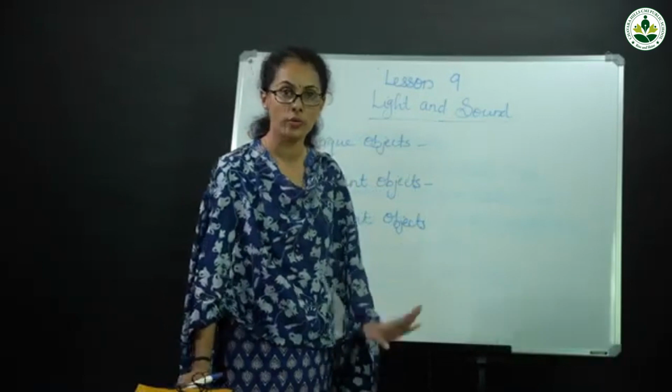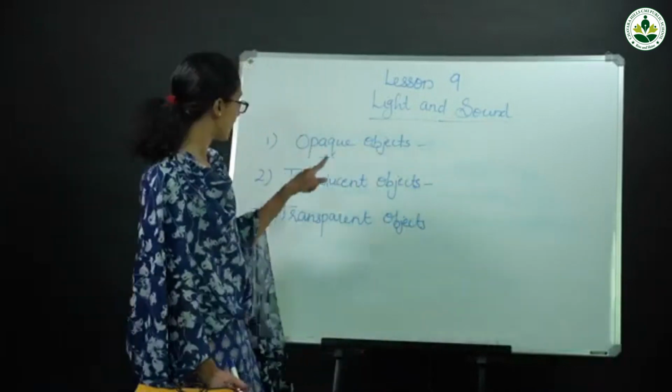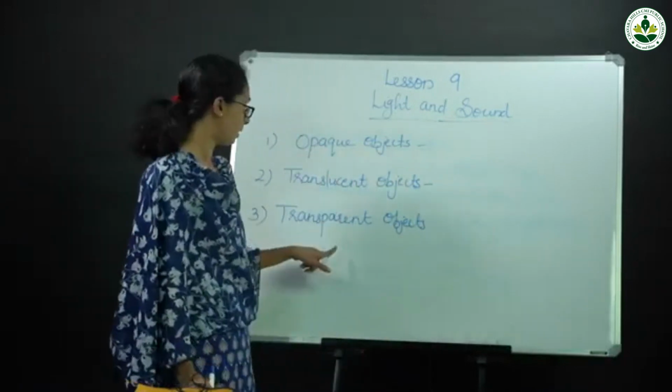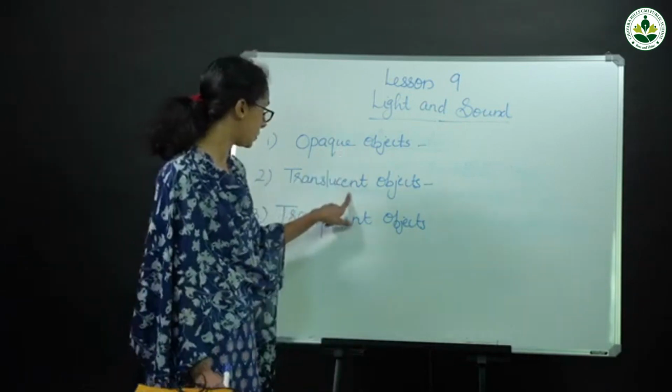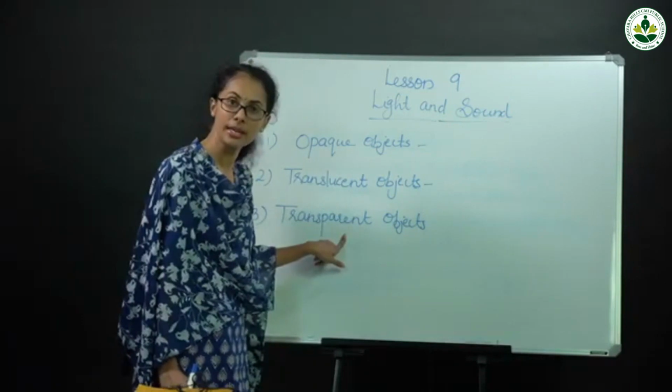Then there are three types of objects: opaque objects, translucent objects, and transparent objects.